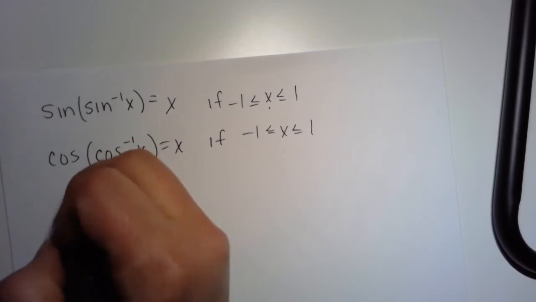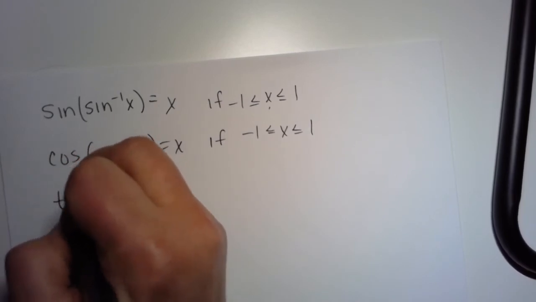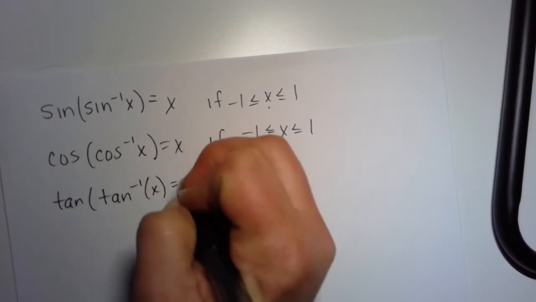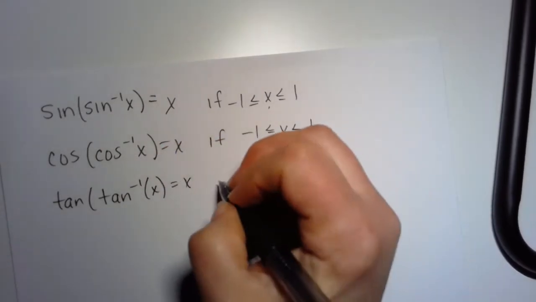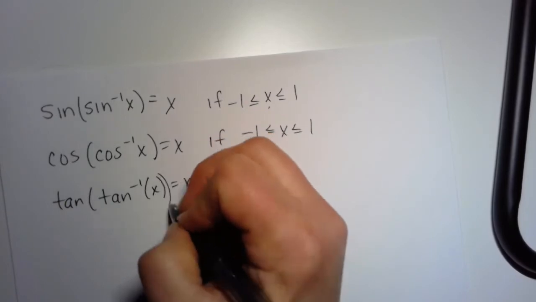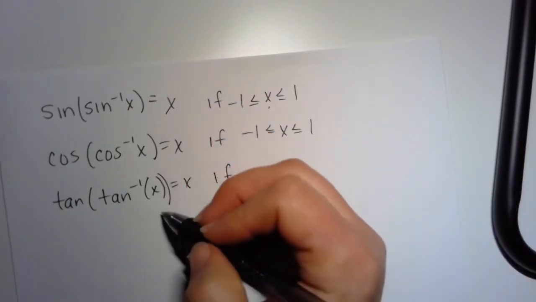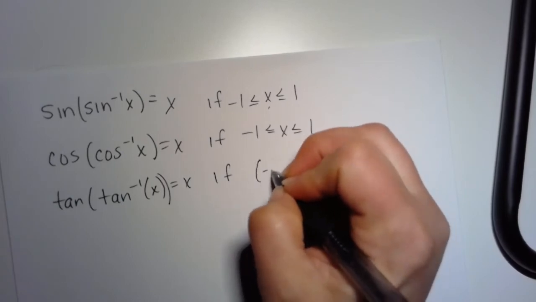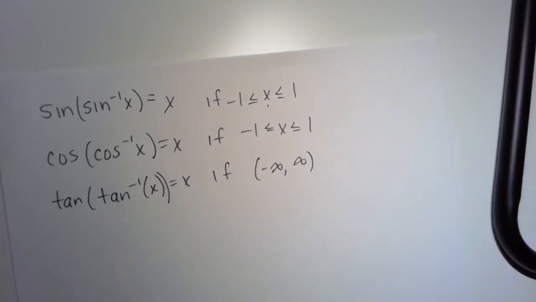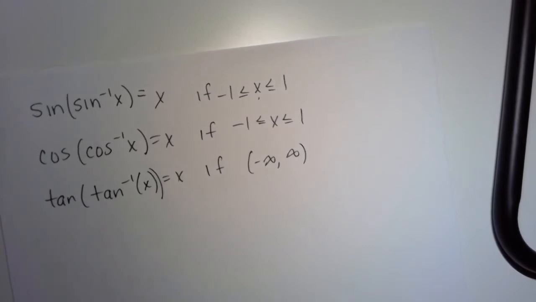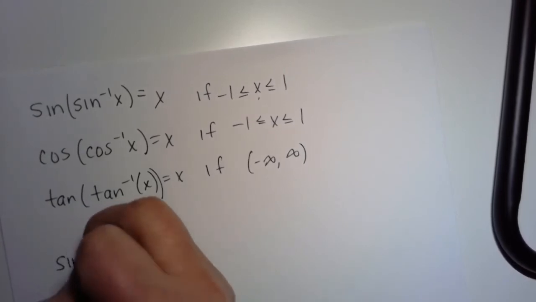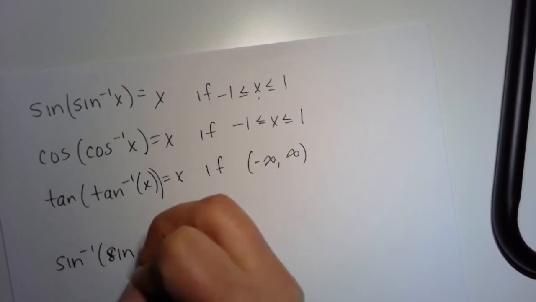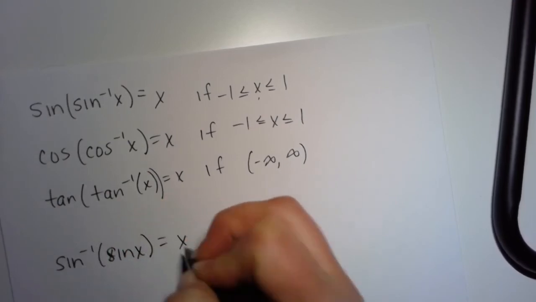All right, so then we have tangent of tangent inverse is equal to x. And this is good for all x, right? Because the domain of arctan inside is all real numbers. So this one doesn't have a domain restriction. Now, if I put them in the opposite direction, sine inverse of sine of x, this is equal to x.